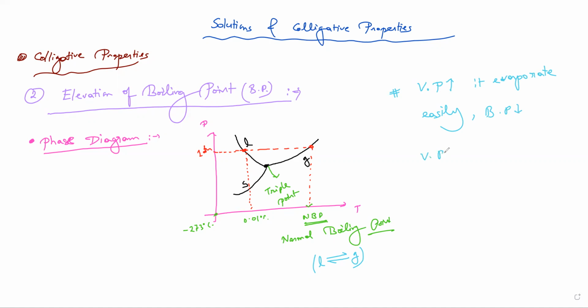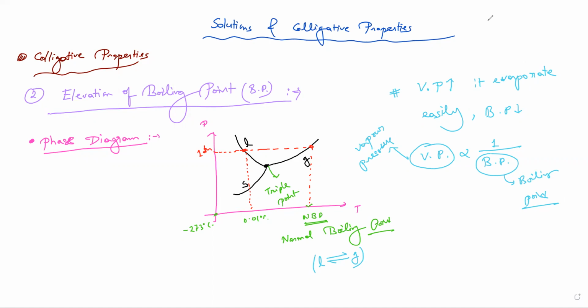So vapor pressure is inversely proportional to boiling point. Okay, vapor pressure is inversely proportional to boiling point.